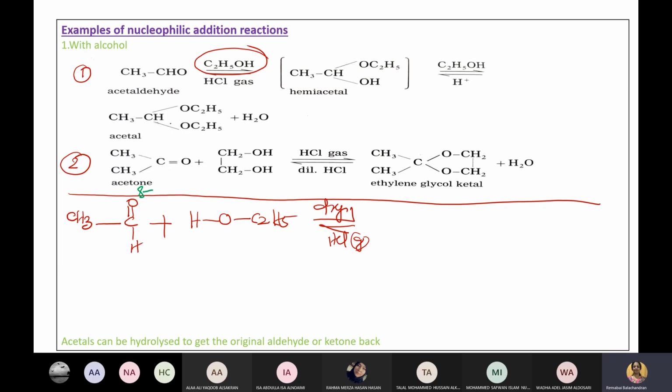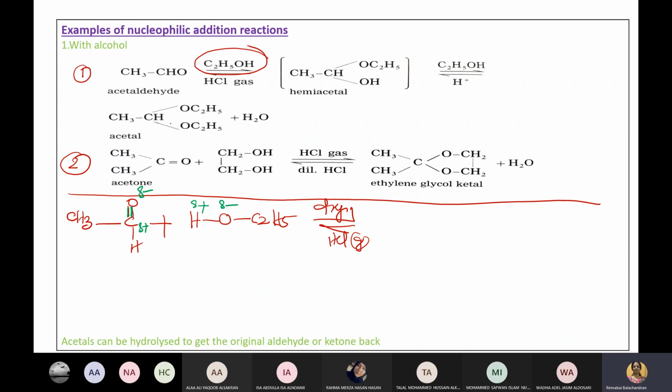Here it has slight negative, oxygen is more electronegative. Now here carbon is getting slight positive, and in this case oxygen again gets negative, carbon is getting positive. So what happens is, one is a sigma bond, the other one is a pi bond. The pi bond will be broken and the positive part of the alcohol will go to the negative part of the aldehyde.